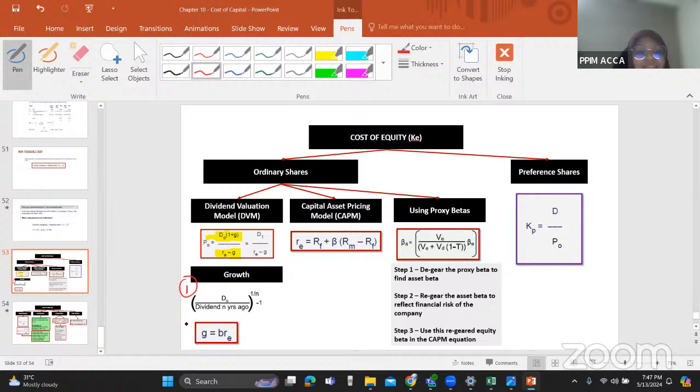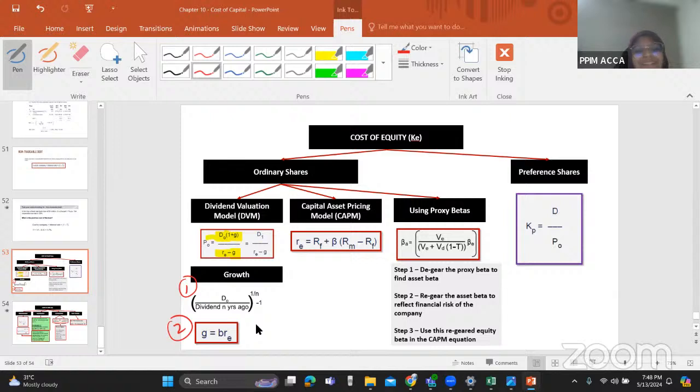Suppose you don't have that information, you have to use a second equation. We call it Gordon's growth model. Okay, so here G equals your accounting rate of return, usually that should be given to you, times what we call a retention rate. Okay, we call it a retention rate, meaning what percentage of your profits you're retaining within the organization.